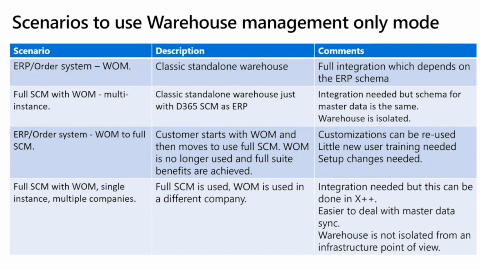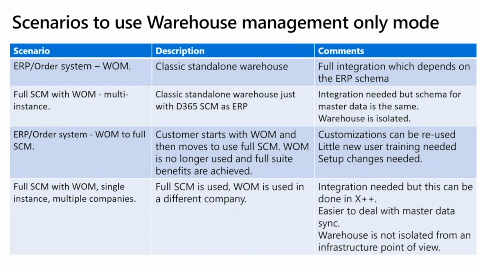The first one is running with an external ERP integrated with the warehouse management only mode. Here, the D365 deployment will only use the warehouse workload. And the second is more a process of running D365 supply chain as the ERP with an integration to a different deployment running warehouse management only mode.